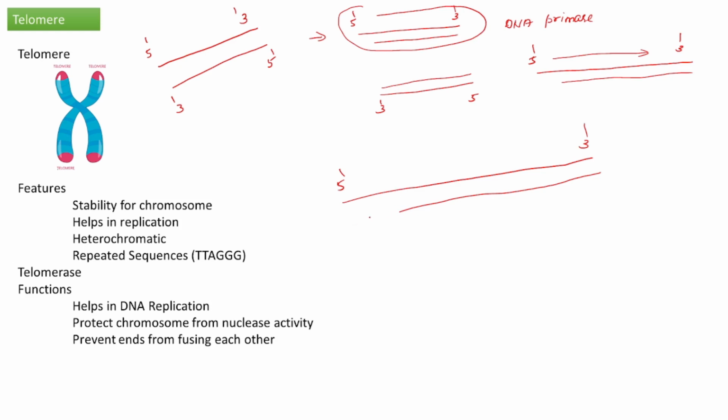Because the removal of that primer strand makes this strand shorter. And which portion is lost in this daughter strand? The portion corresponding to the telomere sequence is lost here. Now it is not a problem because the telomere sequence is a simple repeating sequence and it doesn't have any coding gene. So this time it is not a problem.